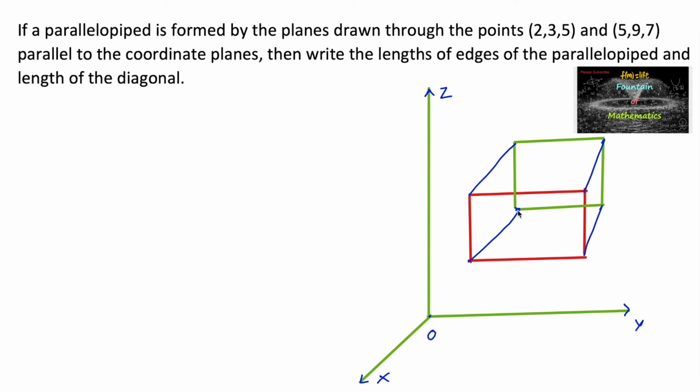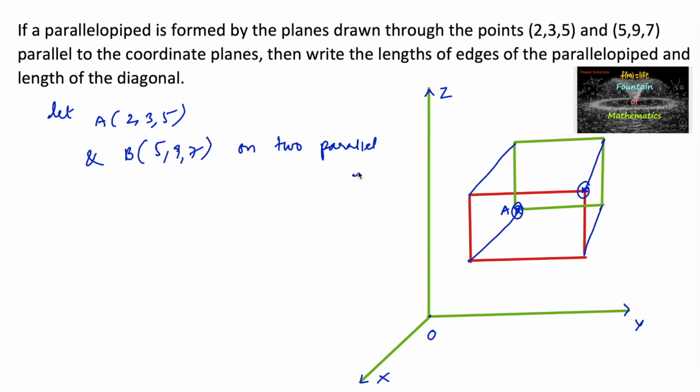Let us consider the point A as (2, 3, 5), and the point B on the opposite plane such that it is (5, 9, 7), on 2 parallel planes. We need to write the lengths of the edges of the parallelepiped and the length of the diagonal.